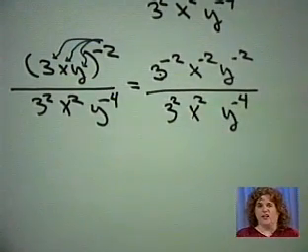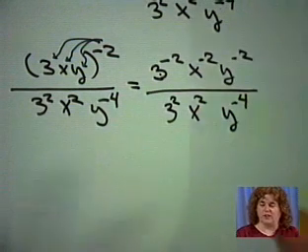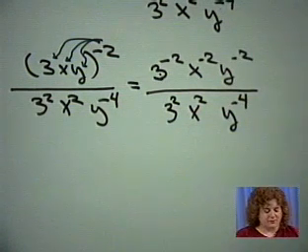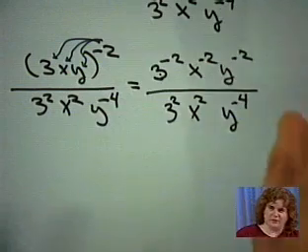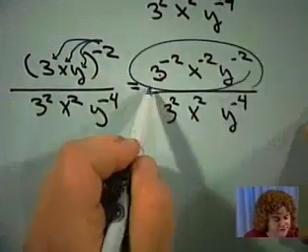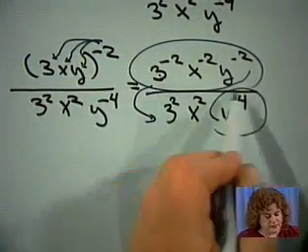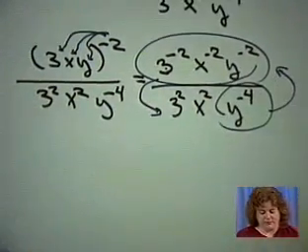I'm going to move all of the factors that have negative powers across the line. Numerator to denominator, denominator to numerator. So I'm just going to circle and draw an arrow. Those guys are all moving to the bottom, and this guy's moving up to the numerator.